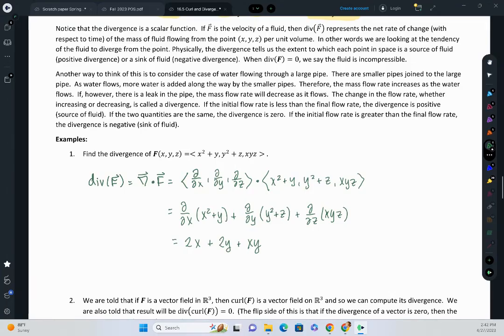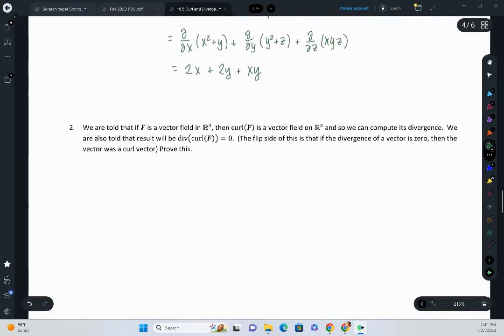Okay? All right, so we're told that if F is a vector field in R3, then the curl of F is a vector field on R3. And so we should be able to compute its divergence, right? We can calculate the divergence of any vector field.